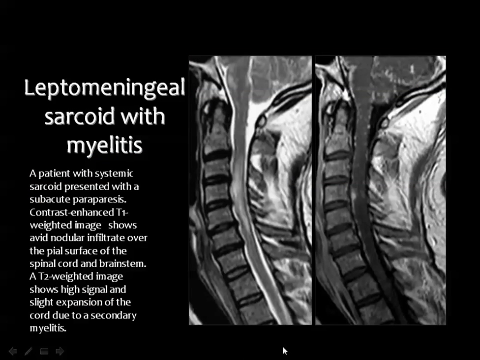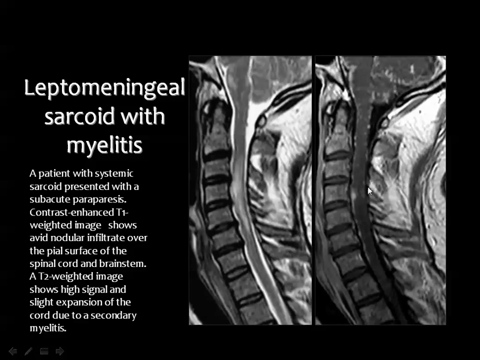And sarcoid will lead to a form of myelitis, and the myelitis will appear of low signal in the T1, high signal in the T2, but very particularly if you inject contrast media you get this characteristic or highly suggestive appearance, which is leptomeningeal sheets and nodules, enhancing lesions along the borders of the spinal cord as well as in the basal cisterns.